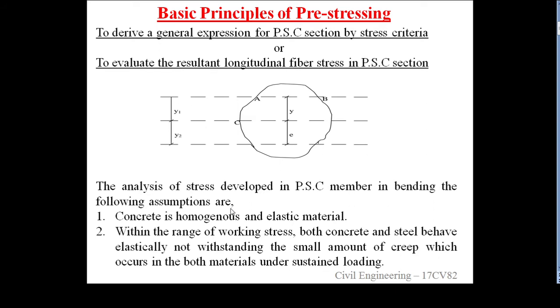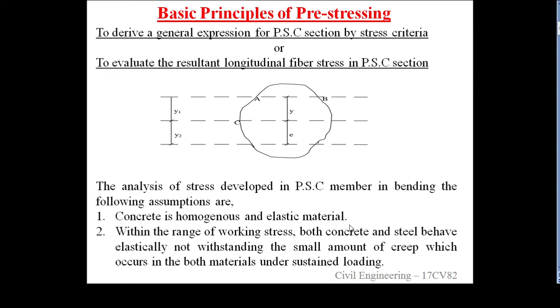Assumption 1: concrete is a homogeneous and elastic material. This is the same as in RCC. What does homogeneous mean? A mixture is homogeneous when it is uniform in nature. And elastic material, we already know that concrete is elastic in nature.